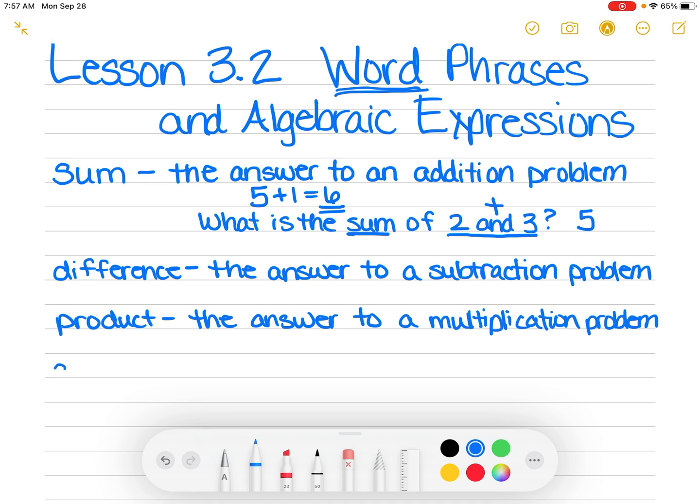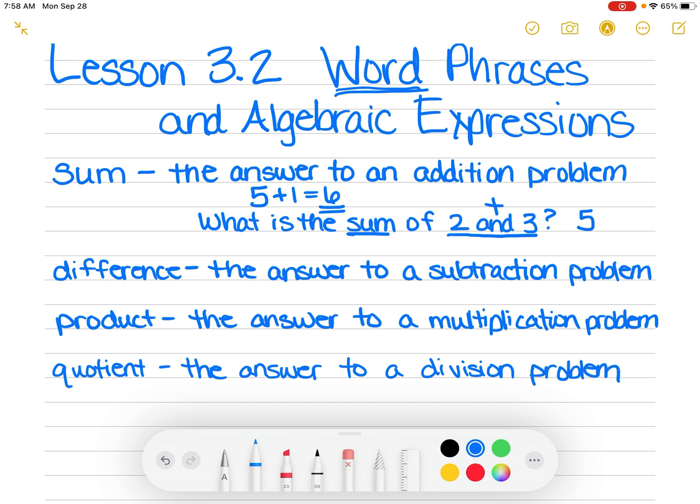And the last one is a quotient. And quotient is the answer to a, can you guess which one it is? A division problem. Okay, so these are the four words that are important. Pretty much the rest of your math career is you need to remember what sum, difference, product, and quotient mean.